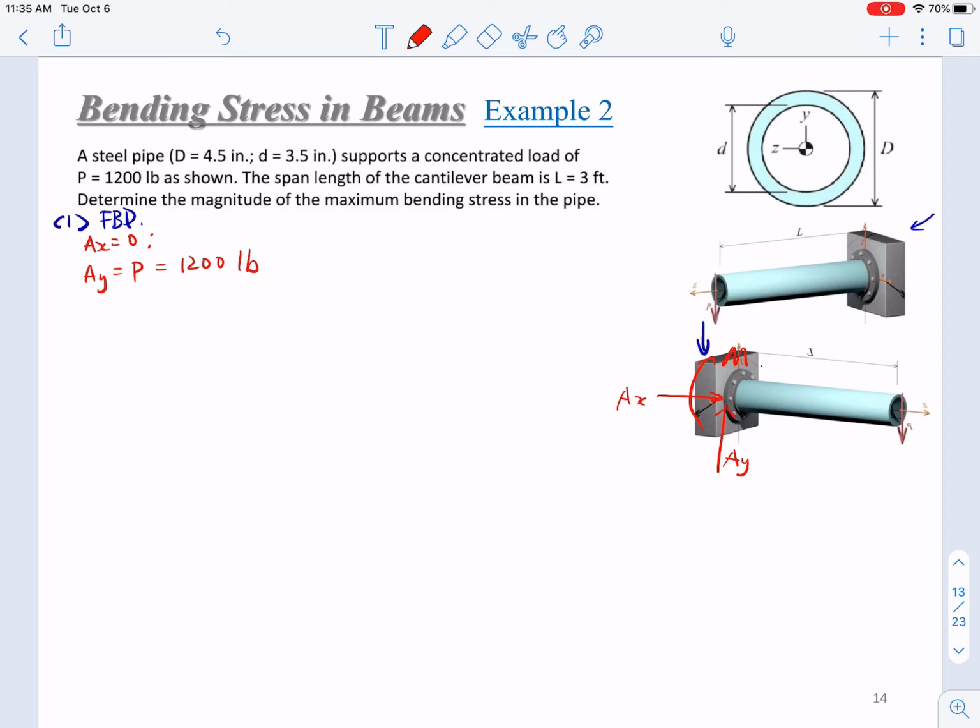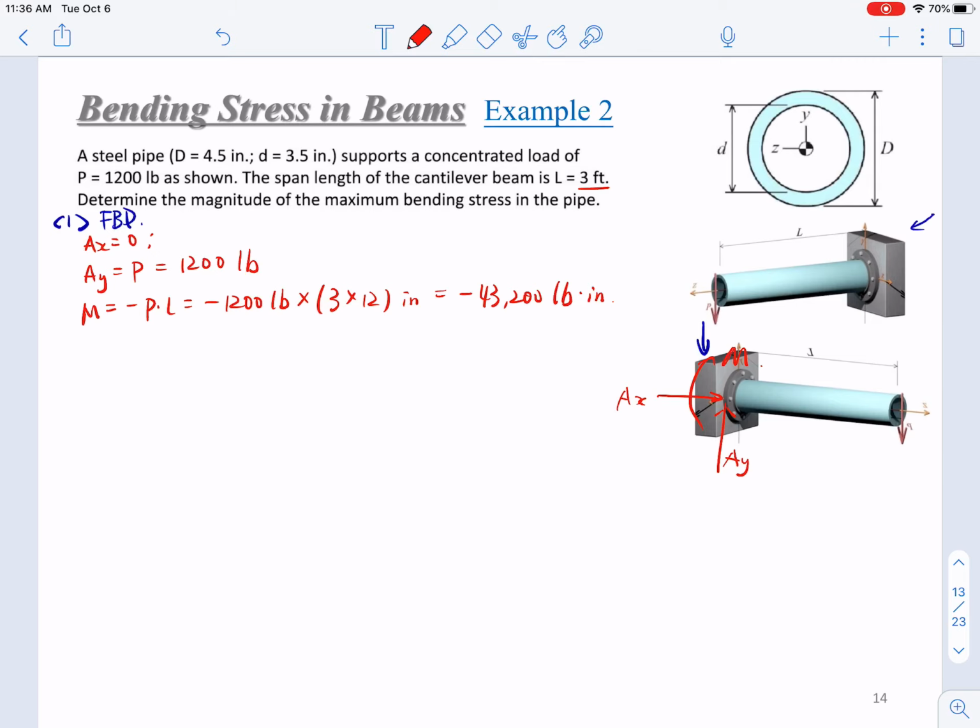Then M will be negative P times L, that is negative 1,200 pounds times 3 feet, but we need inches, so times 12 inches. That is negative 43,200 pound-inches.